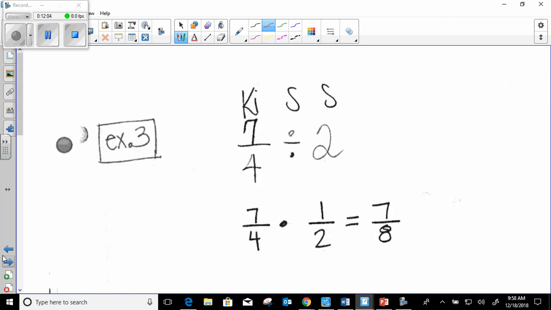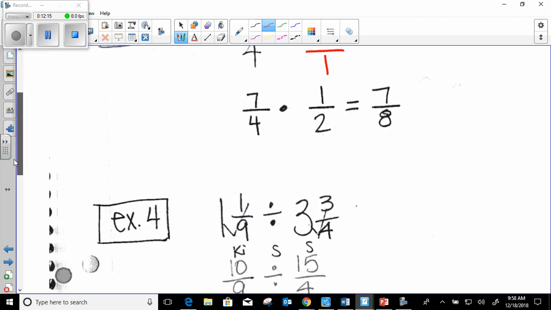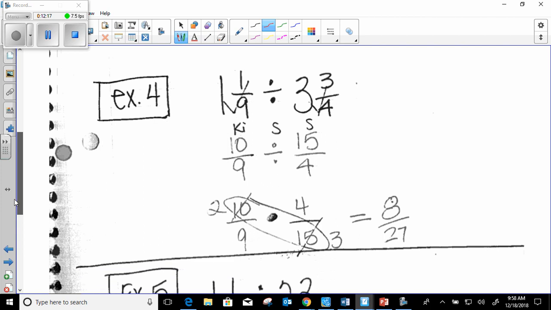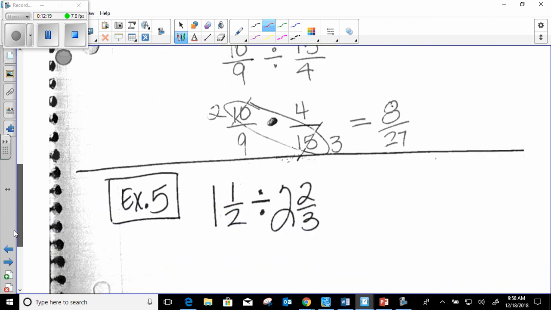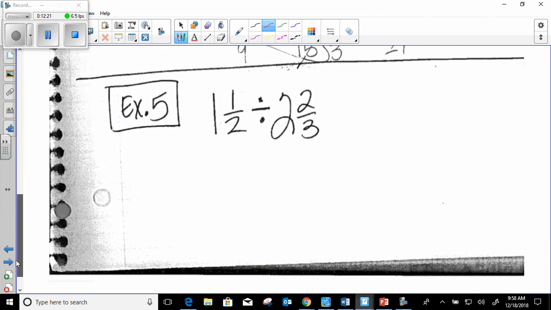Okay, here's example 3, 7 over 4 divided by 2. Before you can do anything, you have to put a 1 over the whole numbers before you can flip it. Okay, pause the video at any time, but I want you to try these problems and then check your answers.